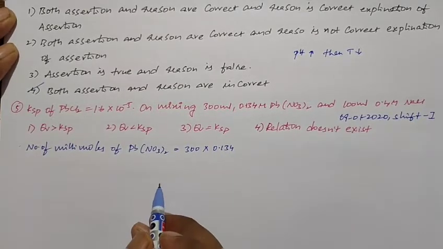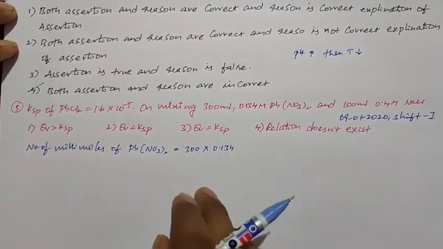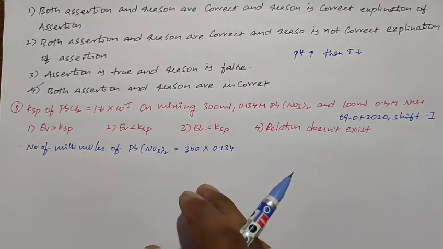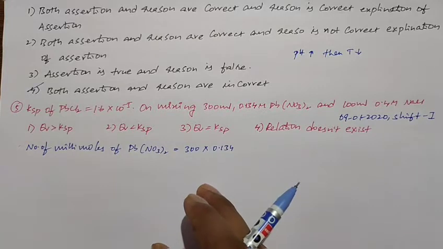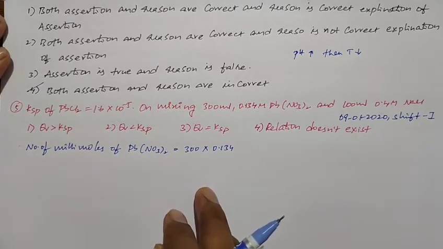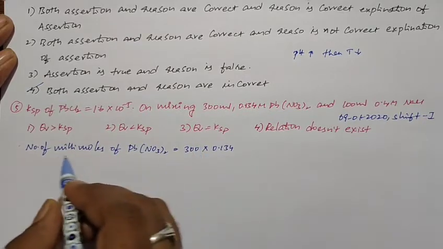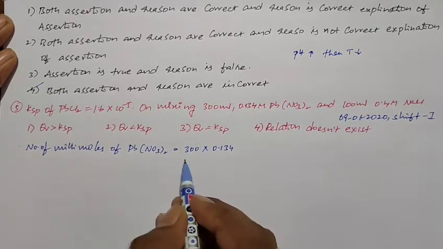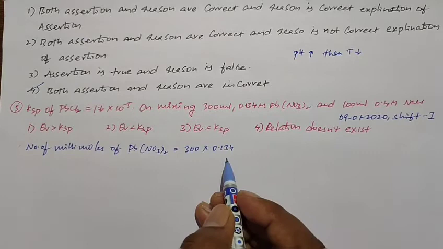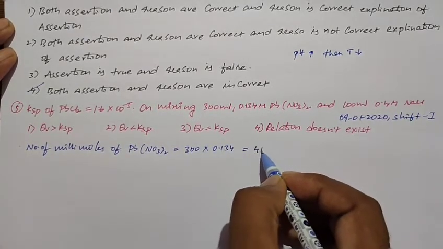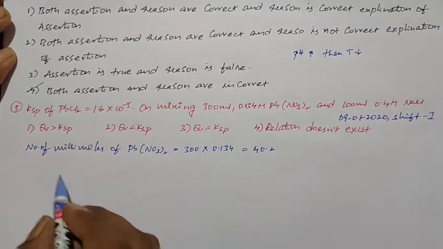The formula for number of moles is molarity into volume, and when you take millimoles you need to divide by 1000, so the 1000 will be cancelled. So when you find the number of millimoles, the formula is simply molarity into volume in mL. Then we get 40.2. So this is the number of millimoles of lead nitrate.